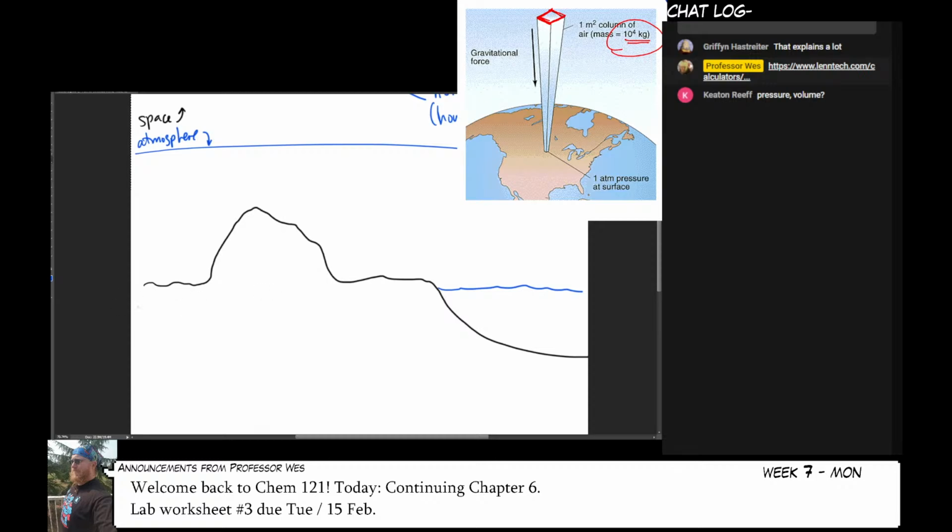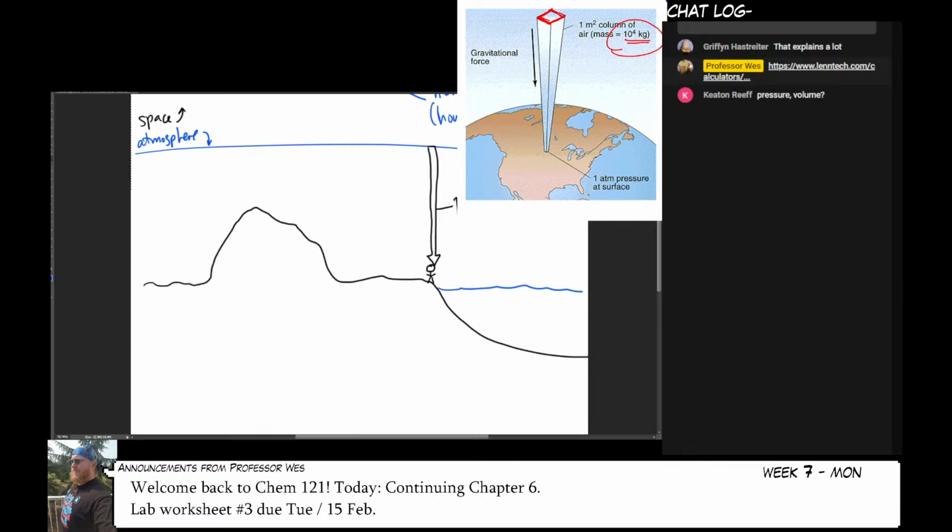All right. Let's suppose that you are right here at sea level. So here you are. And the force of air pushing down upon you would be this much. So the pressure from the air here would be equal to 1 atmosphere.